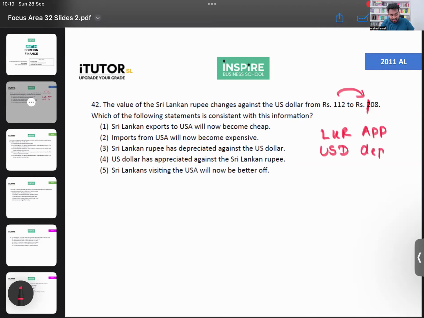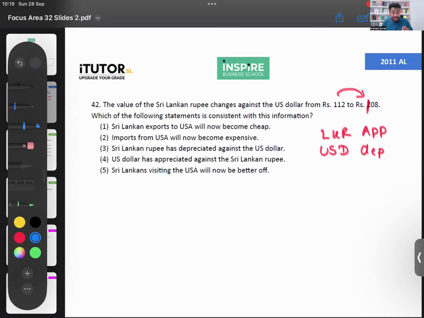And the question is asking you, which of the following statements is consistent with this information? Remember we went through this in our special seminar, one by one. The Sri Lankan exports to US will become cheap. If your currency appreciates, will your exports become cheap?